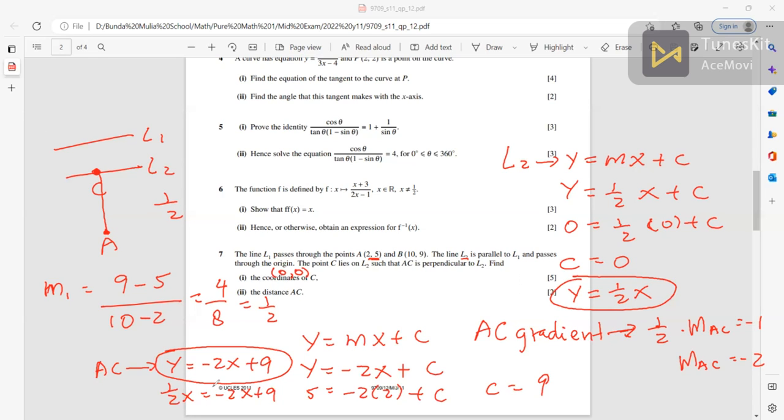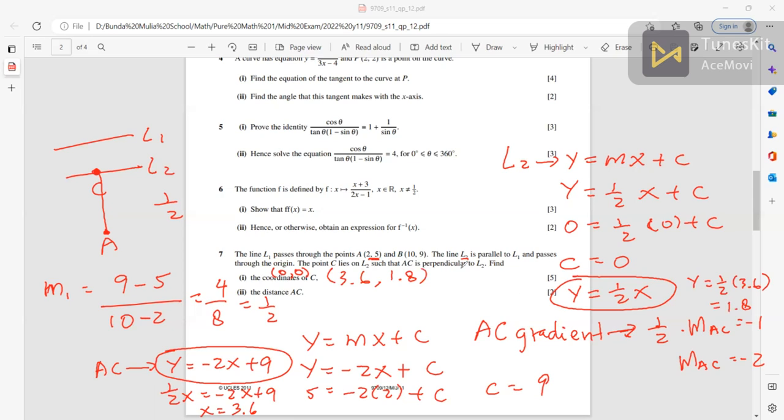Here I will get x is 3.6. And then if x is 3.6, I can find y equals to half times 3.6, so it equals to 1.8. So the coordinate of C will be (3.6, 1.8).